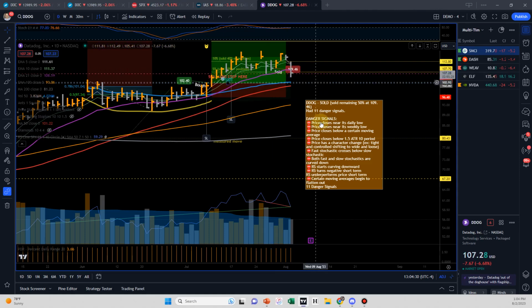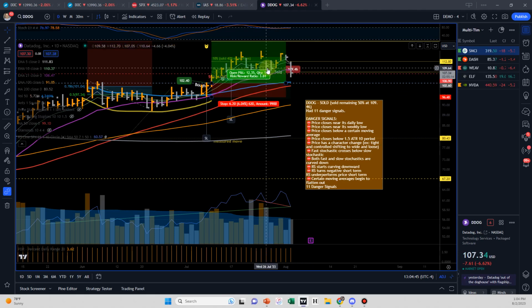Now, danger signals I'm looking at as the weight of evidence that the move might be over, at least in the short term. So when I'm looking at this, I have all the different danger signals that I've outlined, and they're all in the playbook.